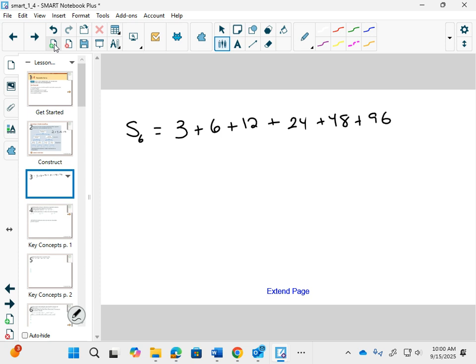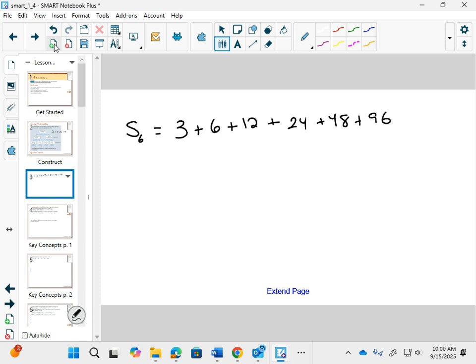With arithmetic ones we came up with a strategy for adding. With geometric ones, we come up with a strategy that's subtracting. So what they did is they look at what you're multiplying by.